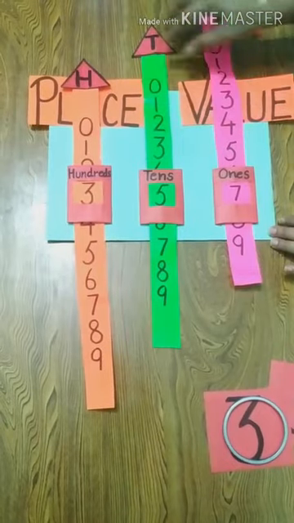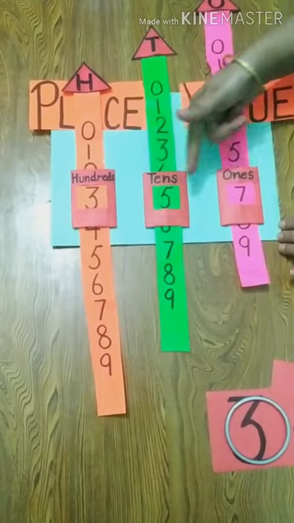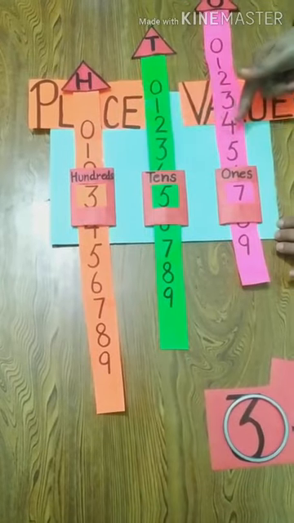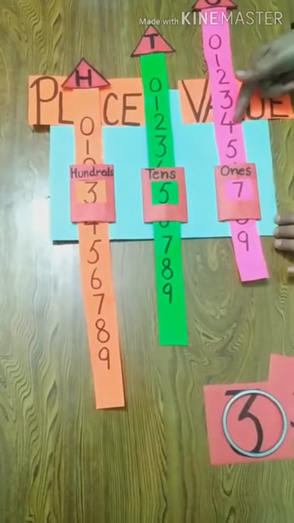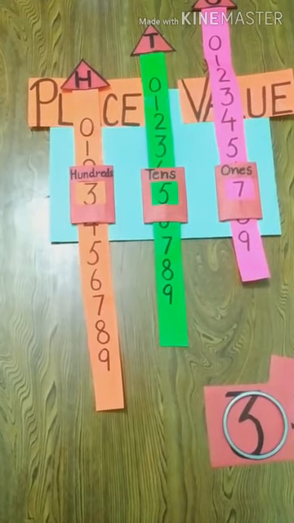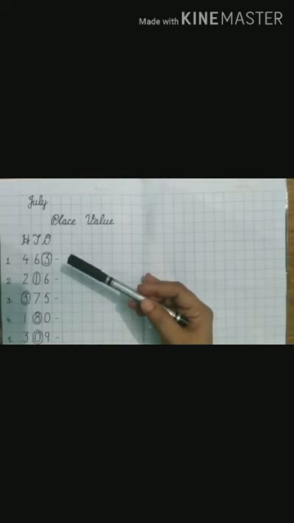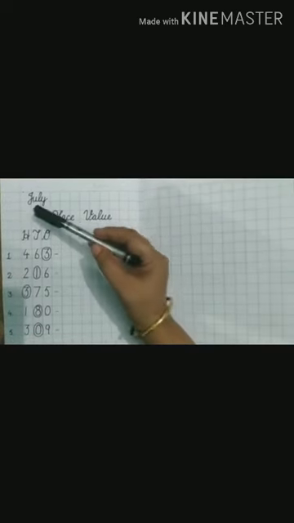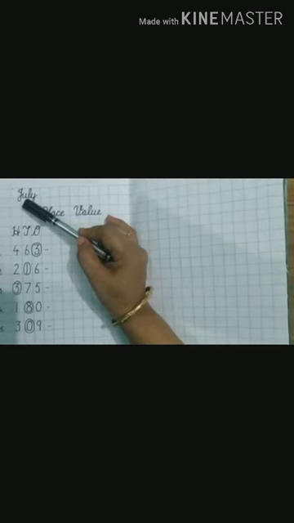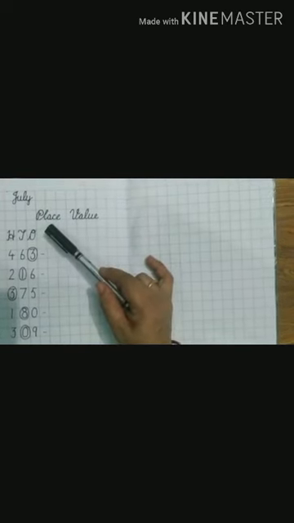So, students, have you seen that all digits have their specific home or their specific place in a number? Let's write place values in our notebook. Students, in our maths notebook, first of all, we have to write down the date here, then the day, and after that, the topic for today.